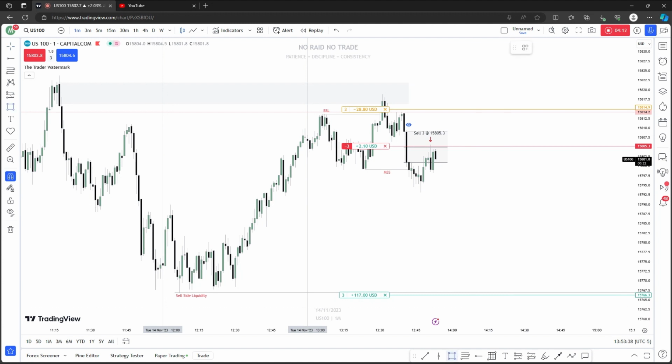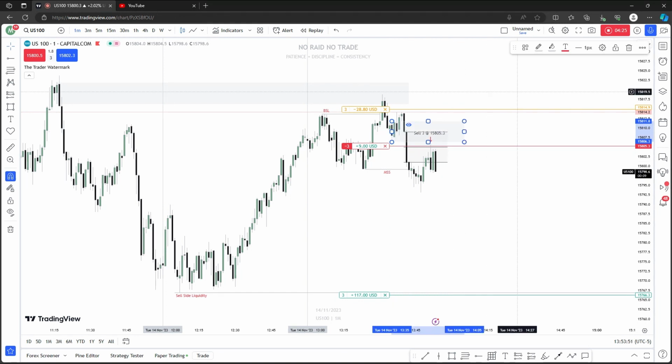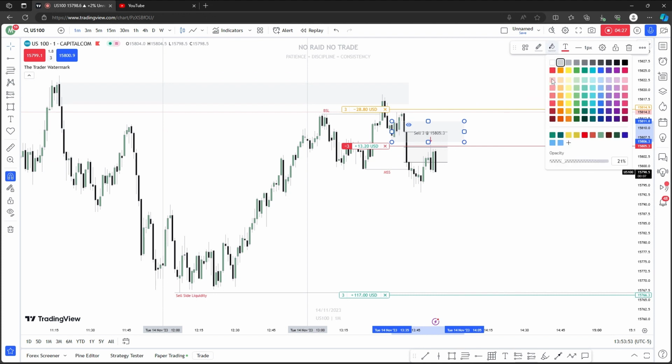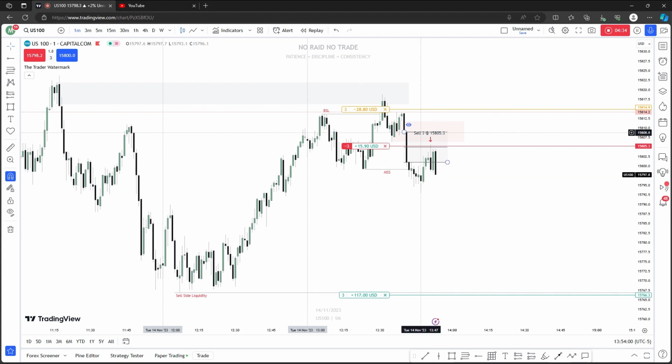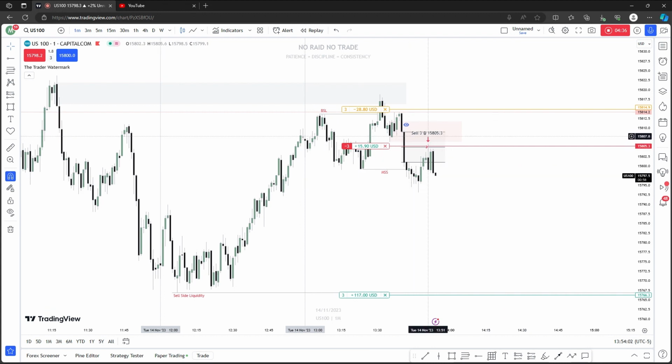If you're familiar with other ICT concepts, you can see that we do have a mitigation block here. I'm just putting it out there for those who are familiar with other ICT concepts. But the model that ICT Sun uses does not include mitigation blocks.